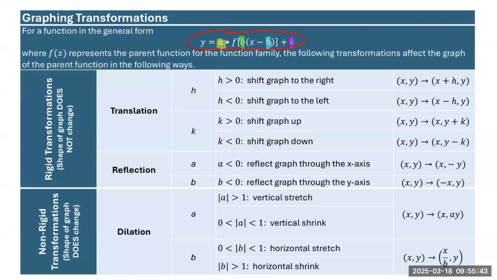If it's positive or negative, that is what tells us whether we have a reflection or not. So we're really just interested in what the number is. If that number is bigger than 1, it's going to be a stretch if we're going vertically, or a shrink if we're working horizontally. If it is a fraction between 0 and 1, then vertically we get the shrink and horizontally we get the stretch. So if you need to, go ahead and pause the video for just a moment and take a good look at this table before we proceed into actually graphing.